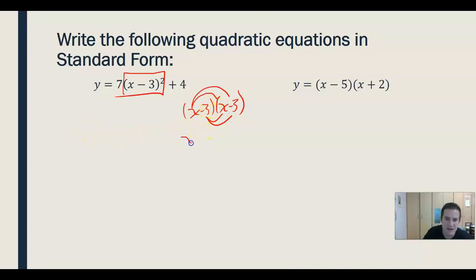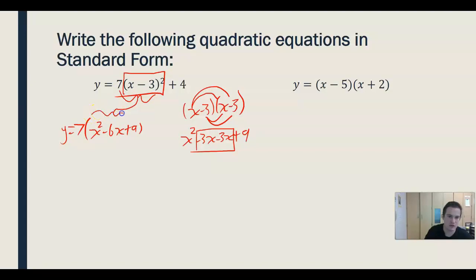That gives me x squared minus 3x plus 9. Then I can combine these together and I'm left with y equals 7 times x squared minus 6x plus 9, plus 4.